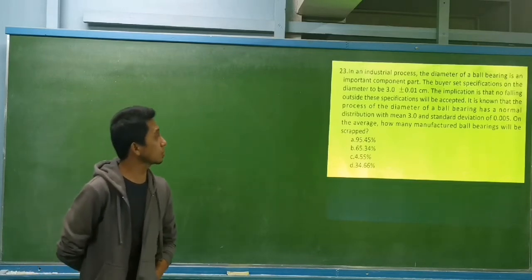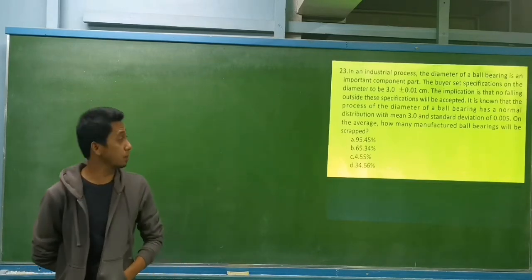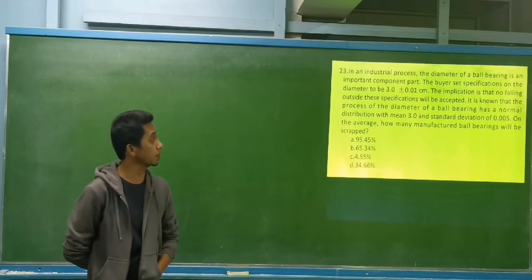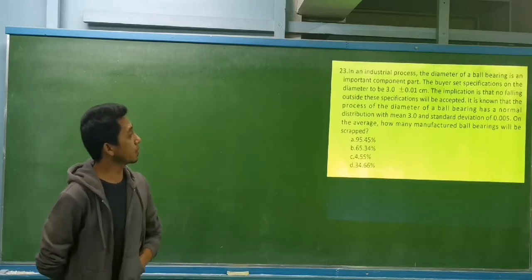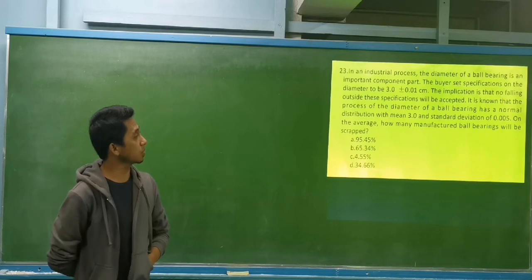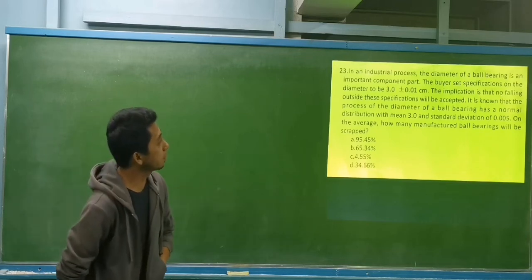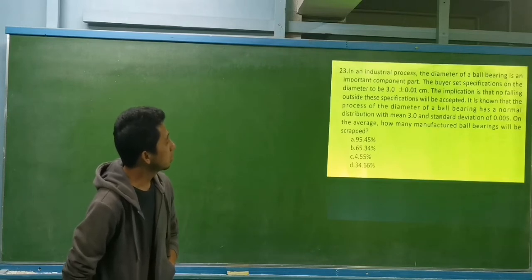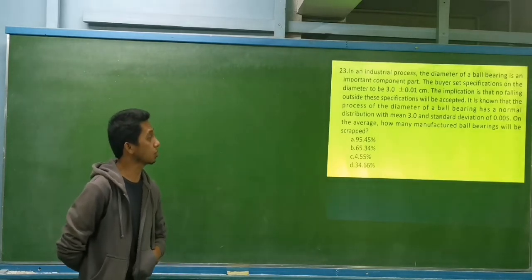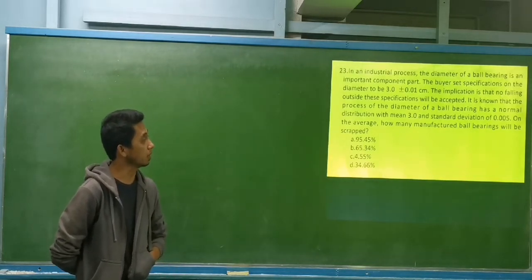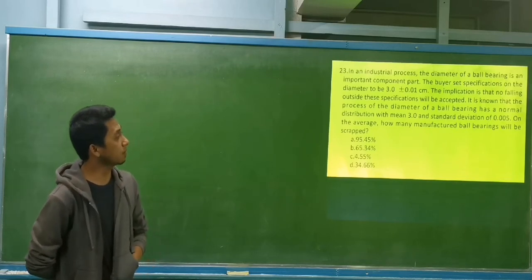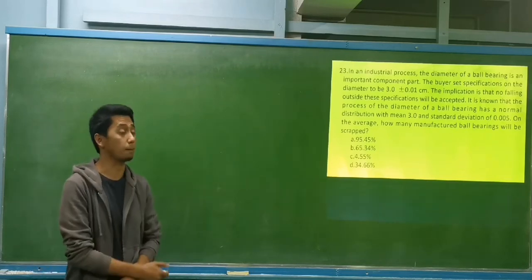The implication is that no falling outside these specifications will be accepted. It is known that the process of the diameter ball bearing has a normal distribution with a mean of 3.0 and a standard deviation of 0.005. On the average, how many manufactured bearings will be scrapped?